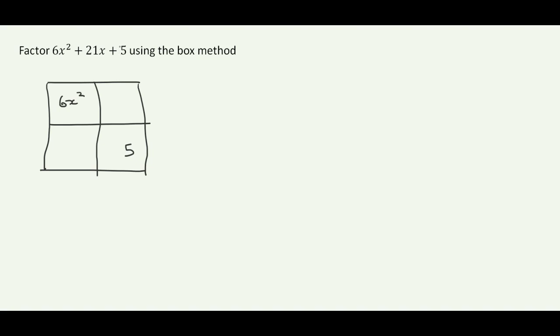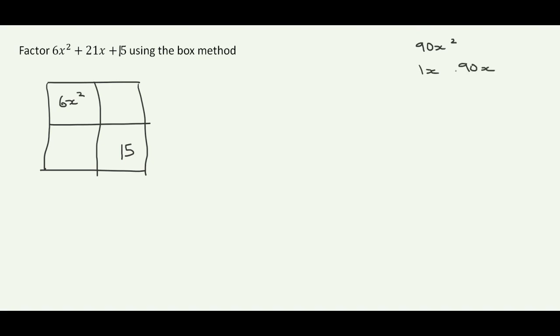Actually, this should be a 15, not a 5. So it's a 15 here. And so we multiply 6x squared by 15. That's going to give us 90x squared.